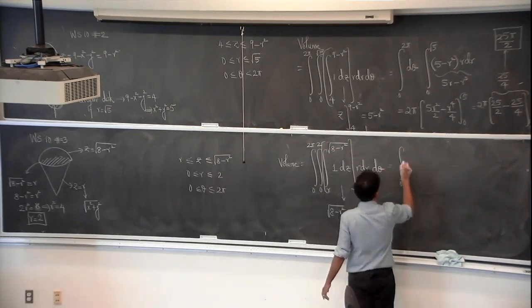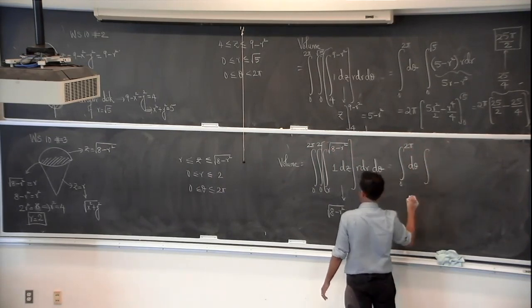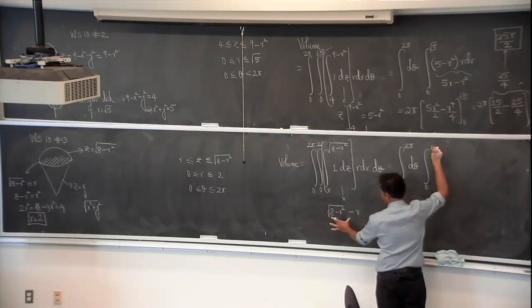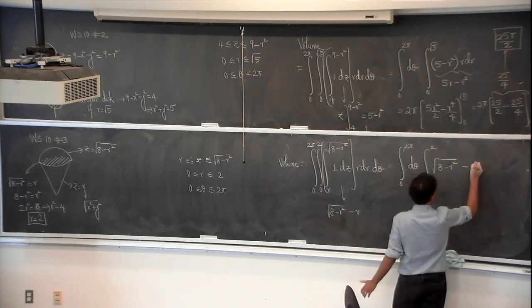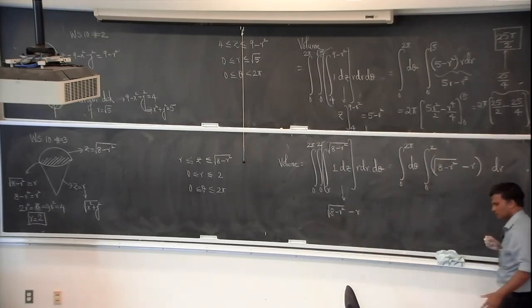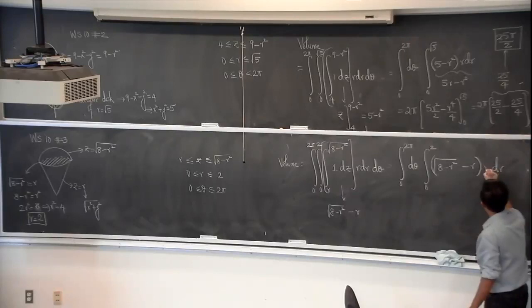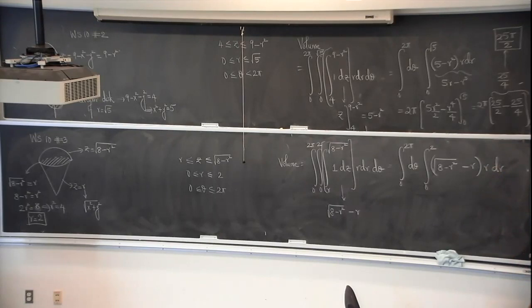So this is 0 to 2 pi d theta and 0 to 2 of this pair of terms, square root of 8 minus r square minus r, dr. Did I forget something? The r. You forget that r, and as I said, that's going to create the complexity of the problem.